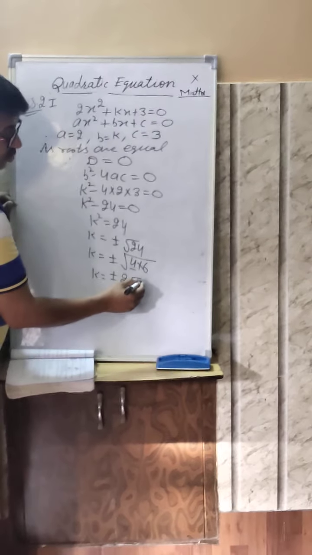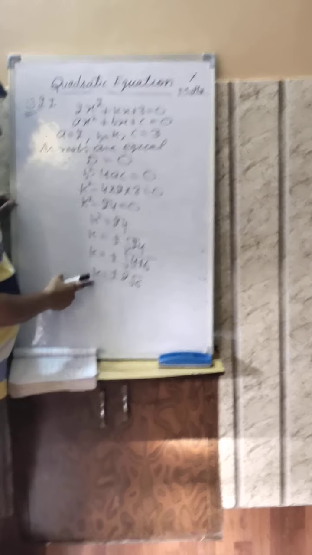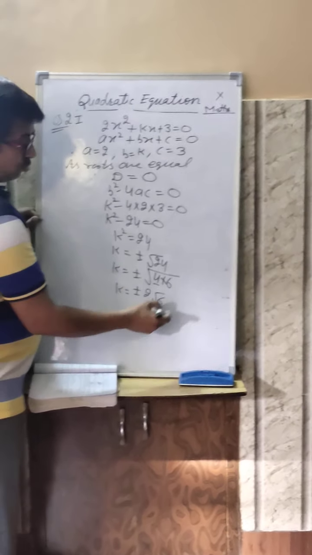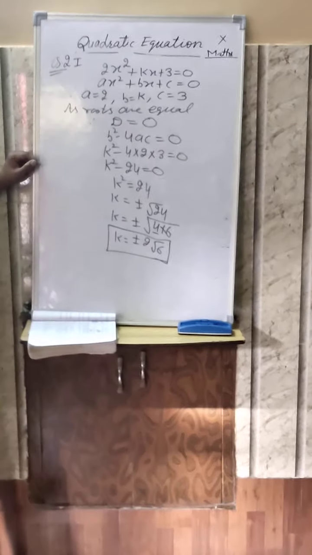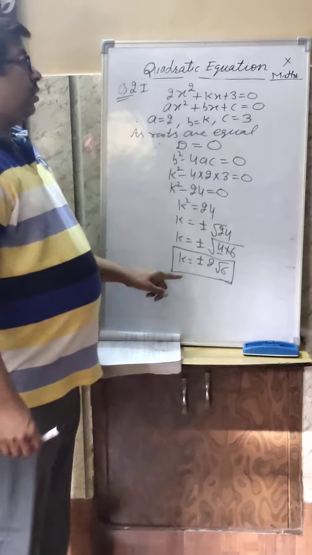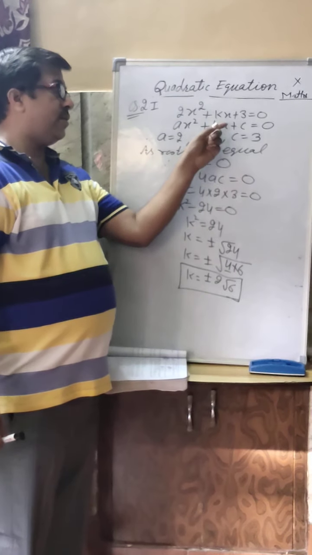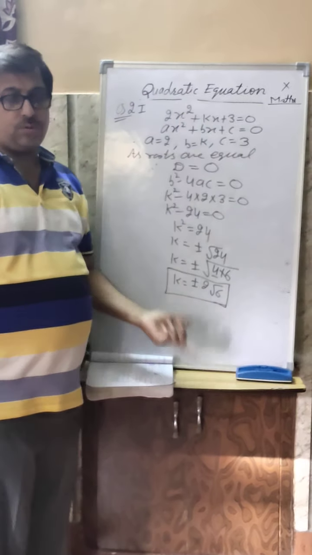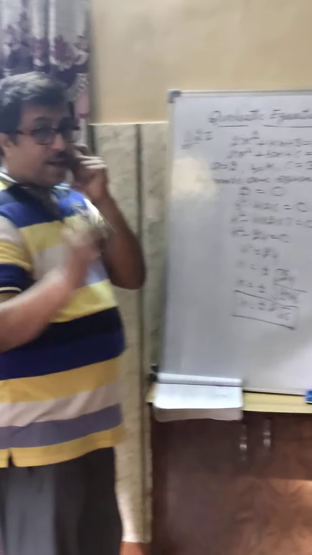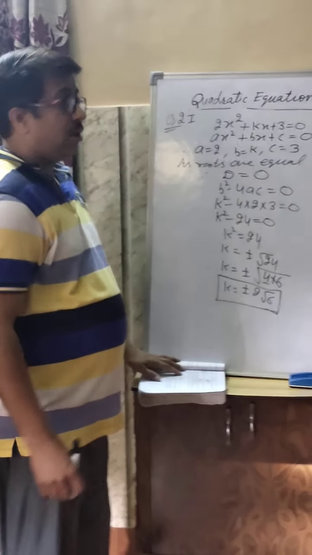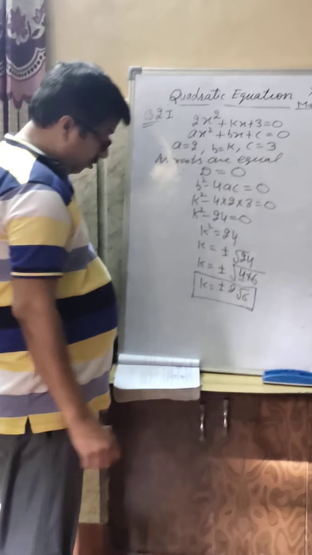So the k value is plus minus 2 root 6. This is the value of k. For this value of k, the equation has equal roots. I think it is clear. Where he is asking, find the value of k, your equation has equal roots.